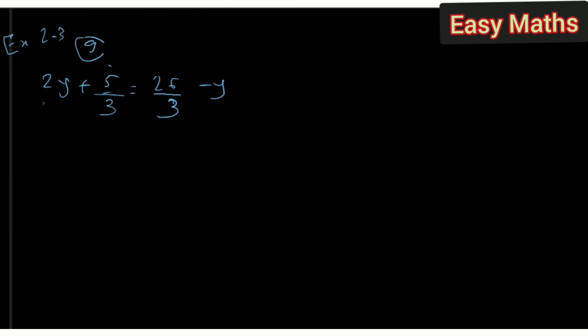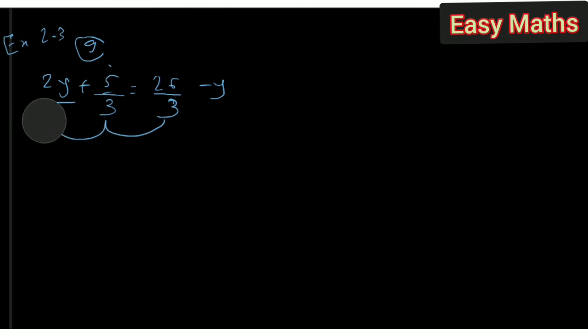For example, if there was 5 also here, then what do we do? We find the LCM of the denominator terms. In the denominator we have 3 and 5, we find the LCM. LCM comes to be 15, and then we will be multiplying each term by 15.